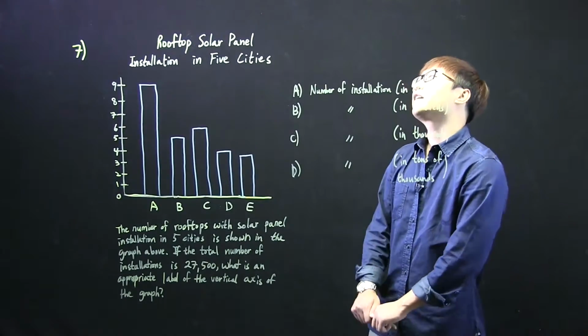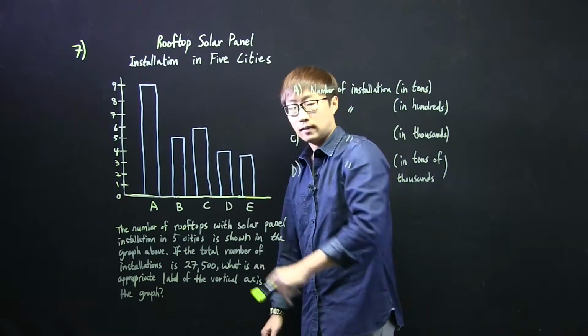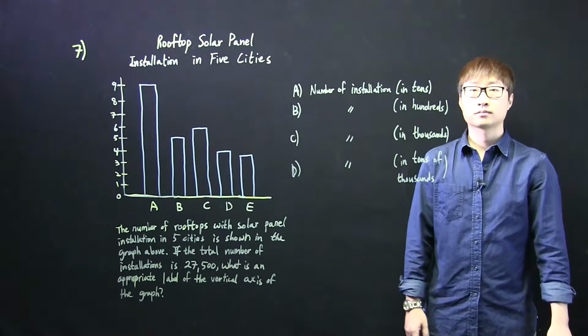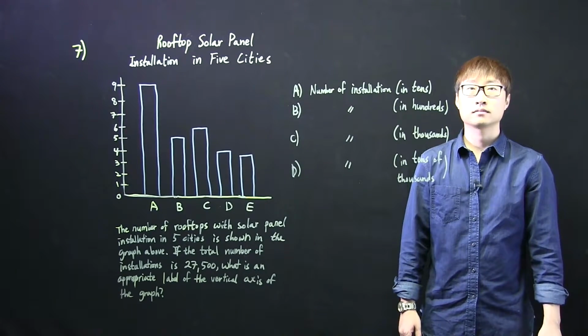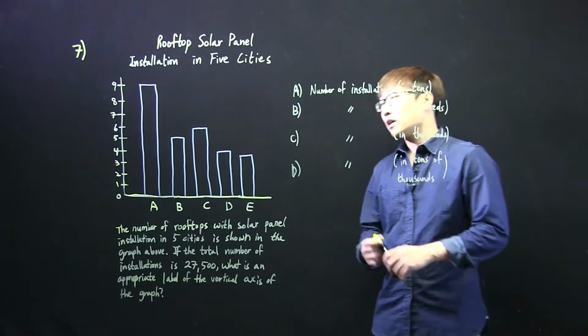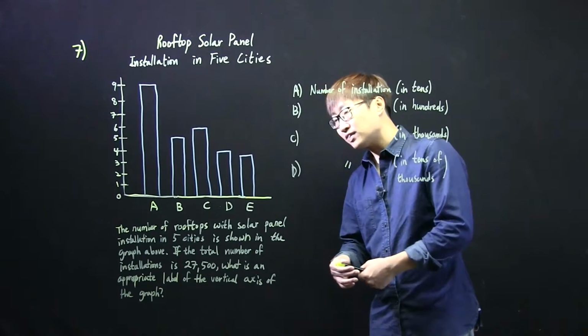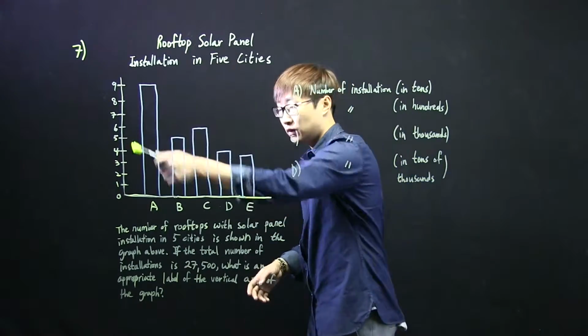Number 7. The number of rooftops with solar panel installation in 5 cities is shown in the graph above over here.